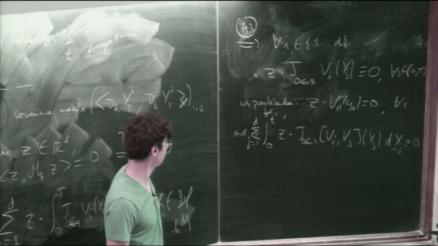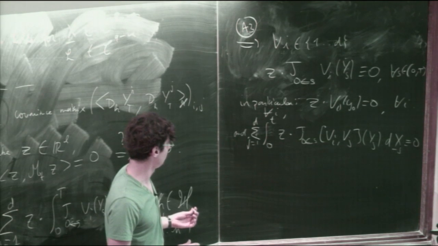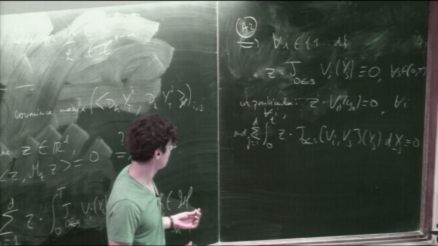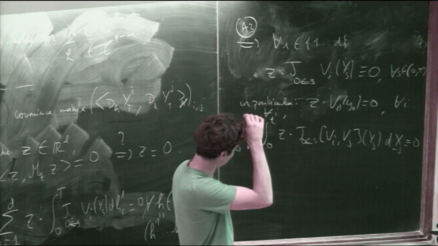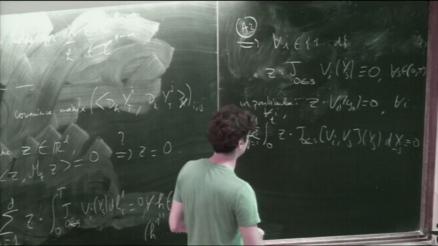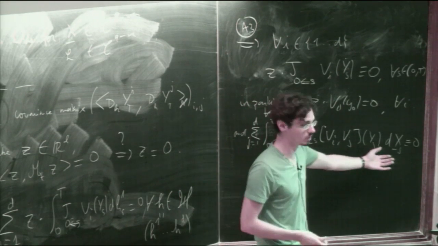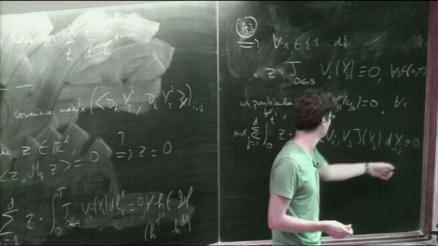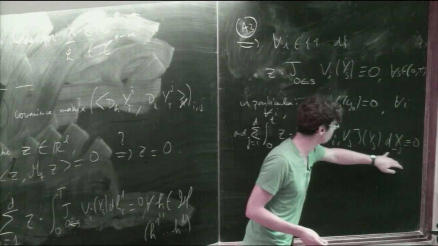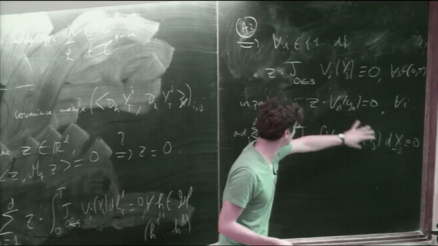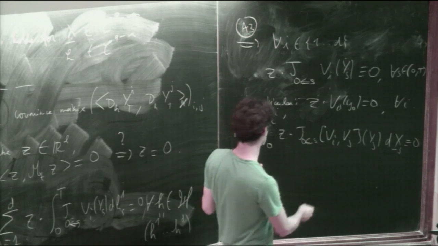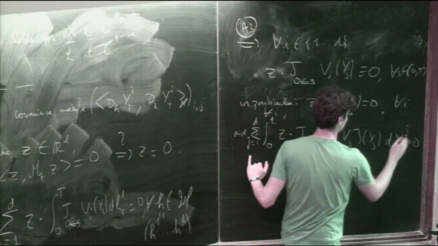So what does that mean? Well, then what you use is exactly what I talked about in the beginning, this true roughness, that the only way this rough integral is 0 is if the integrand is 0. So here I just have to make sure I have the right indices, okay?